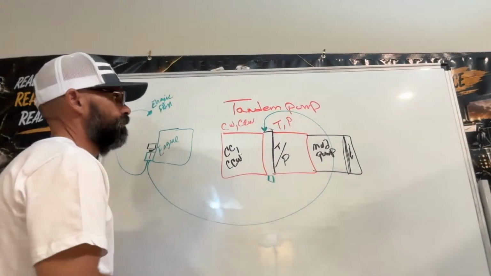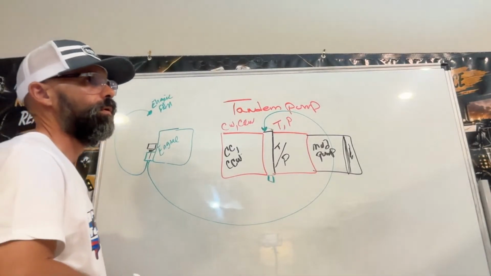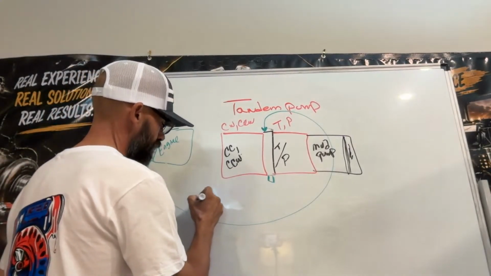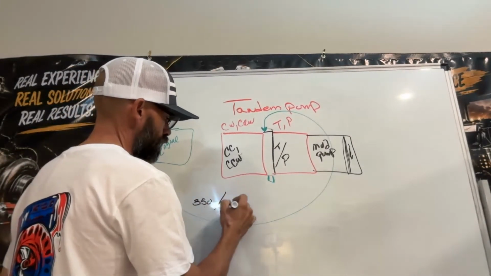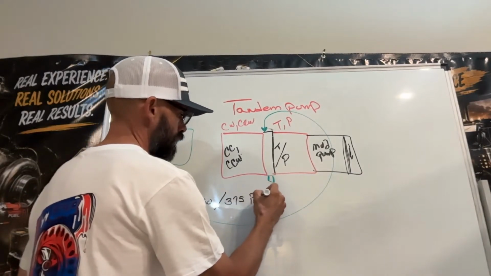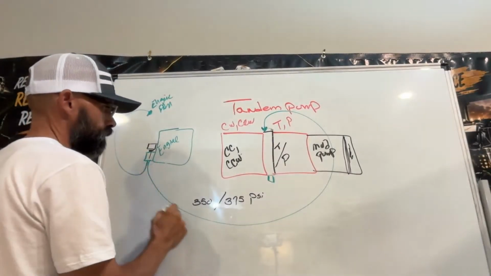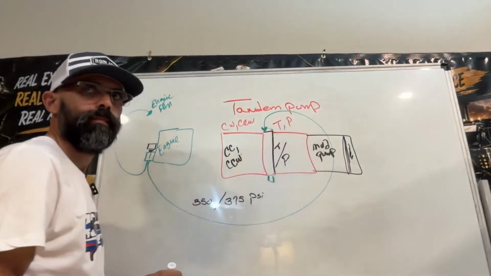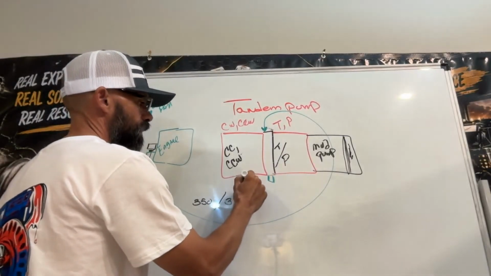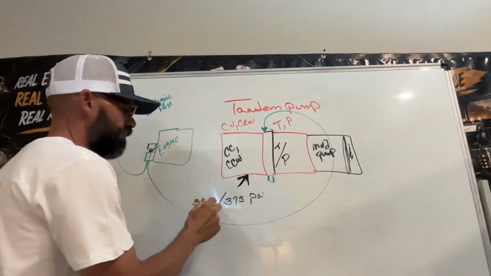So once again, on 2330s, they call out for between 350 to 375 psi of charge pressure from here to here. This pump right here needs a constant charge pressure between 350 and 375.